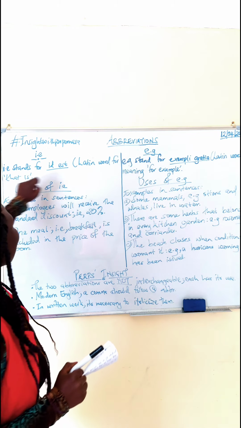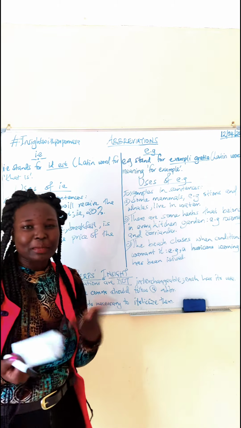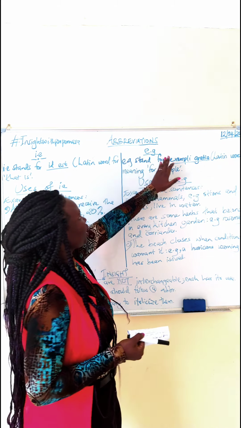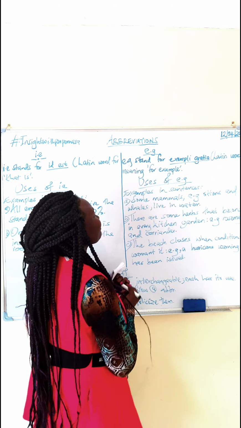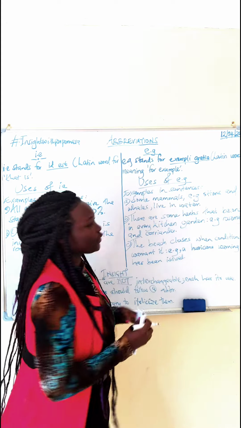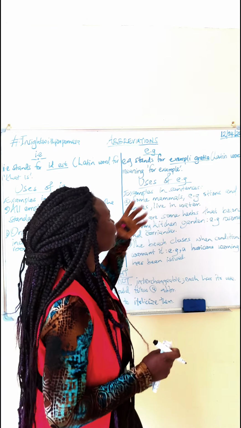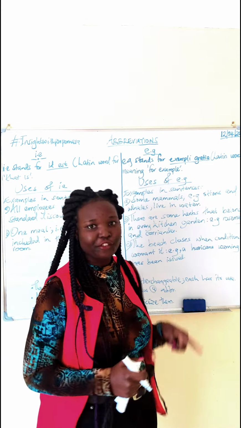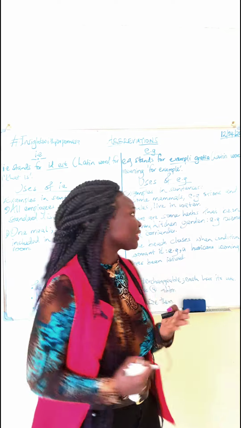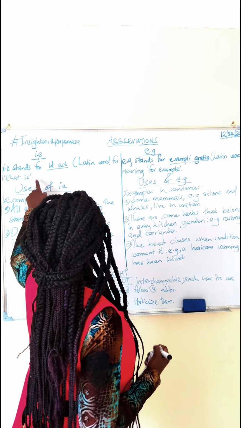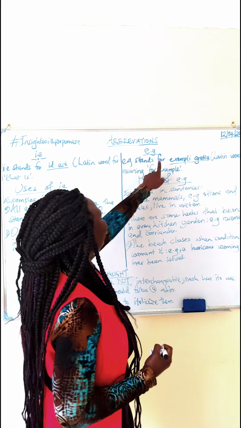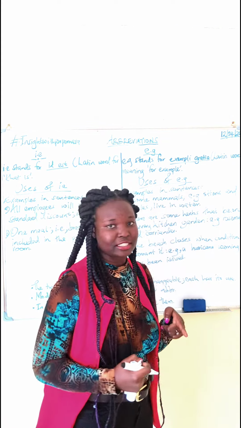It is Latin for that is, meaning that is. And then EG stands for exempli gratia, which is also Latin and means for example. So in a nutshell, IE means that is, while EG means for example.